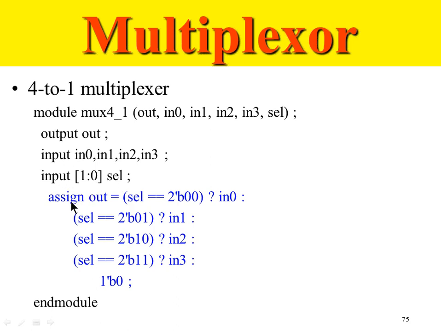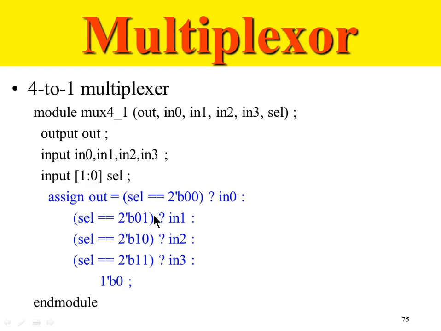We are using a continuous assign statement to build our 4 is to 1 multiplexer. Assign out equals select equal to 2'b00 question mark in0 colon select equal to 2'b01 question mark in1 colon select equal to 2'b10 question mark in2 colon select is 2'b11 question mark in3.